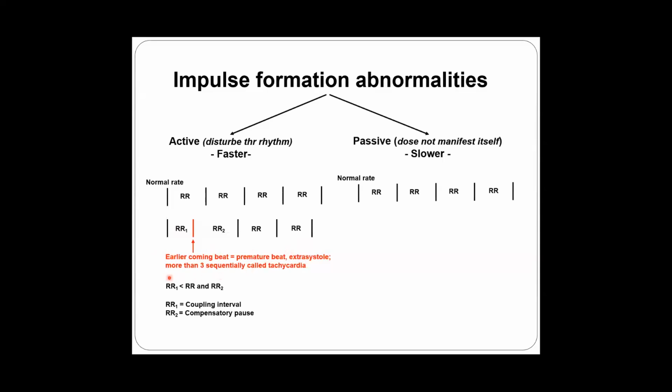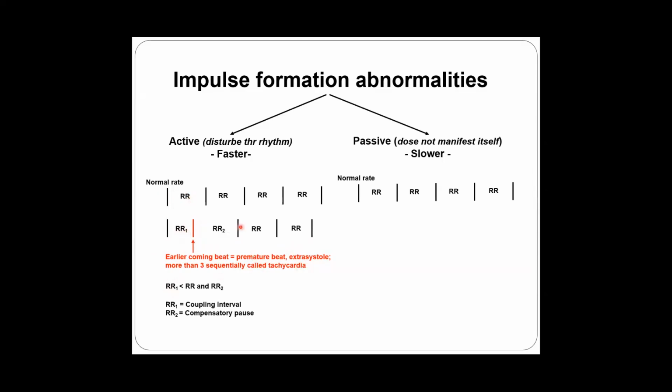However, if you have at least 3 or more beats coming consecutively, it's called tachycardia because it's faster. By definition, this interval should be shorter than this or this interval.